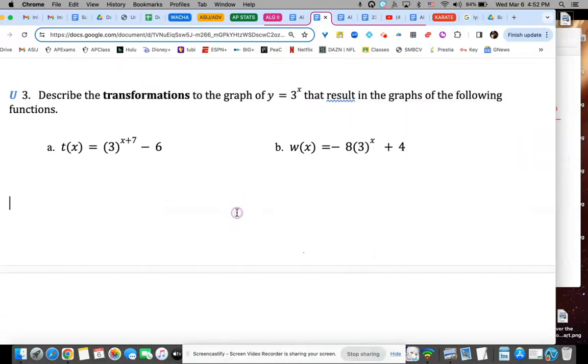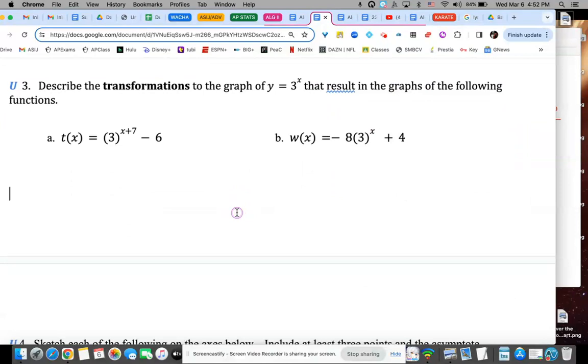Okay, number 3, describing transformations. Let me just kind of jump back and forth here. I always try to look at this number first usually, because that's like one of my reflections would be, and also the stretch. So in this case, on this -8, you're going to have a vertical stretch of 8.